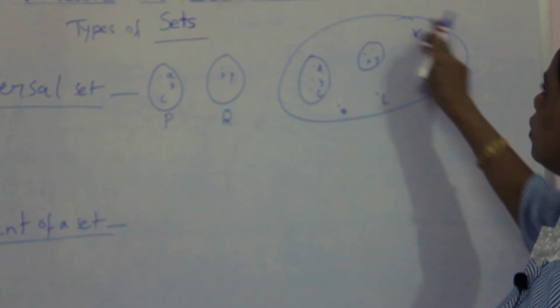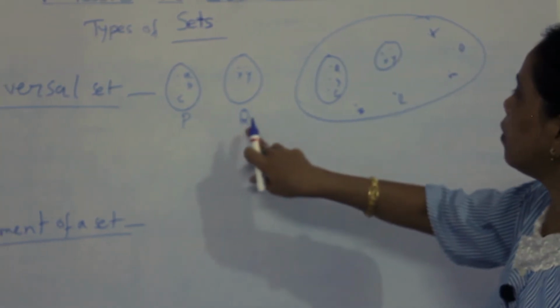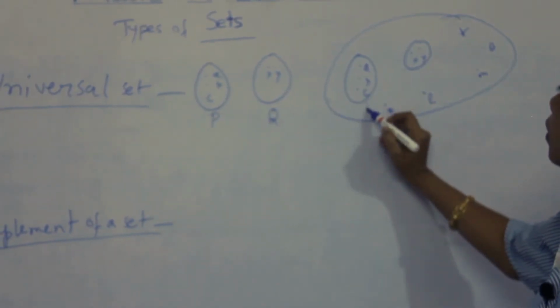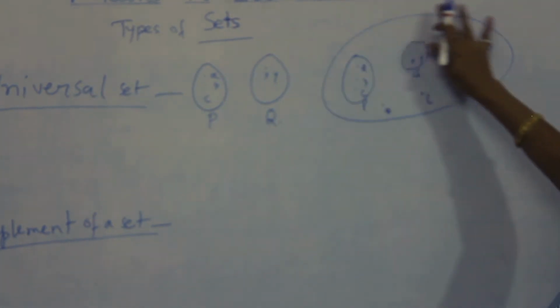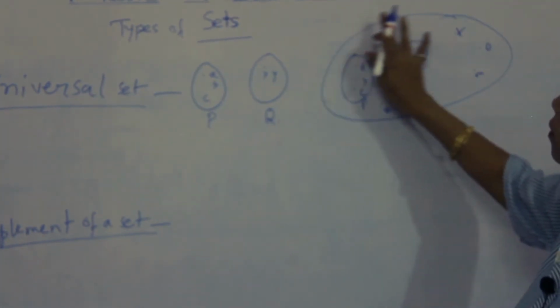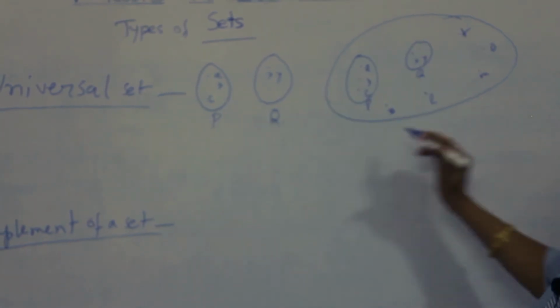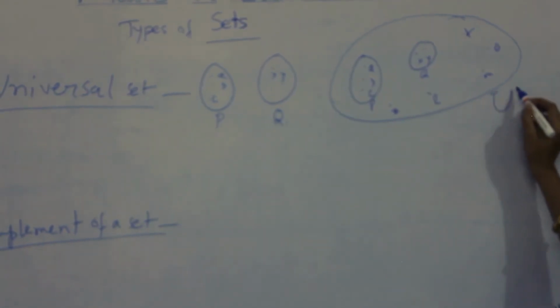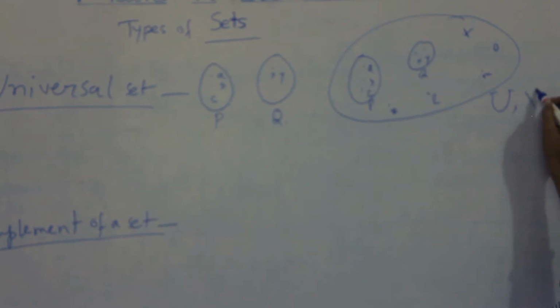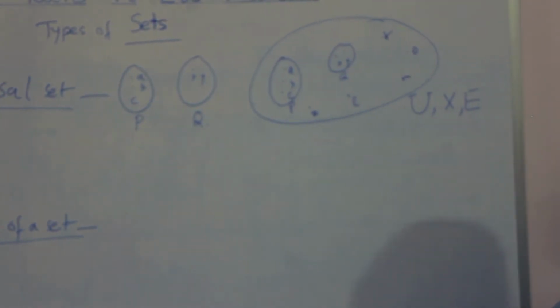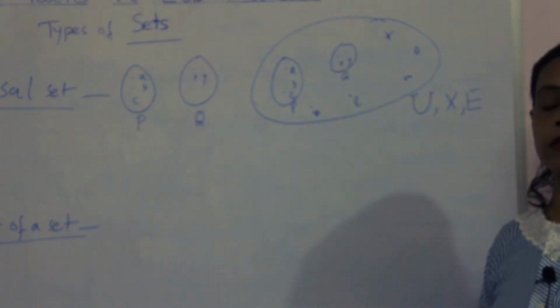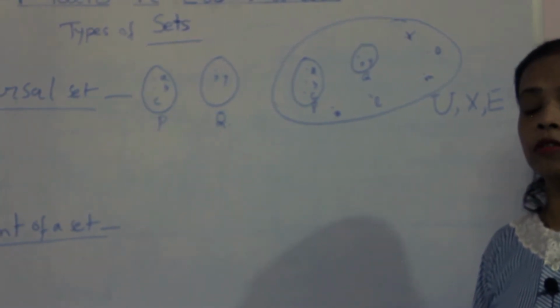So this set contains all the subsets P and Q. This is called the universal set. It is denoted by U. Sometimes it is denoted by X. Sometimes it is denoted by E. So the universal set contains all the subsets.